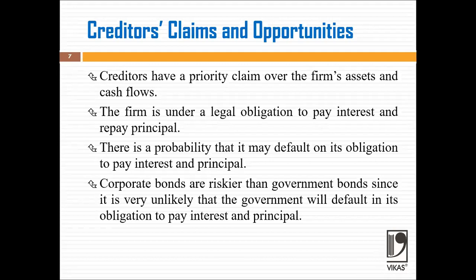The firm is under a legal obligation to pay interest and repay principal. There is a probability that it may default on its obligation to pay interest and principal. Corporate bonds are riskier than government bonds, since it is very unlikely that the government will default on its obligation to pay interest and principal, right?